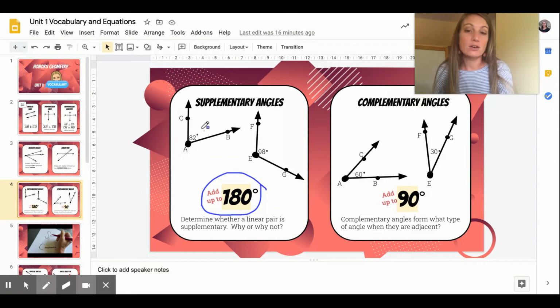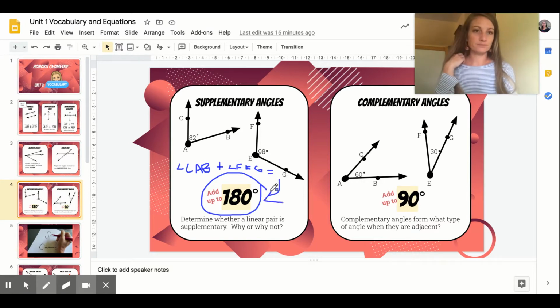So angle CAB, sorry for my gross handwriting, and angle FEG or GEF, or angle E here, have to add up to 180 degrees. So is 98 plus 82 180 degrees? Yes, yes it is. So FEG equals 180 degrees.